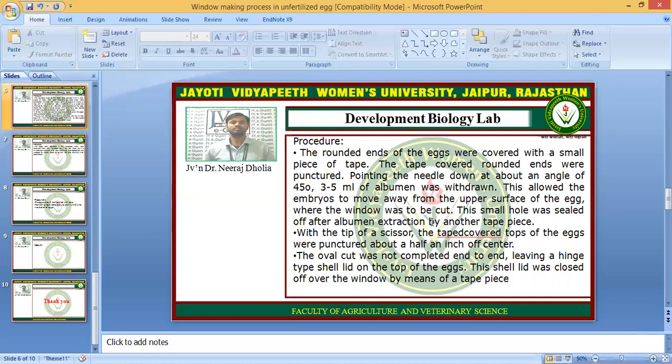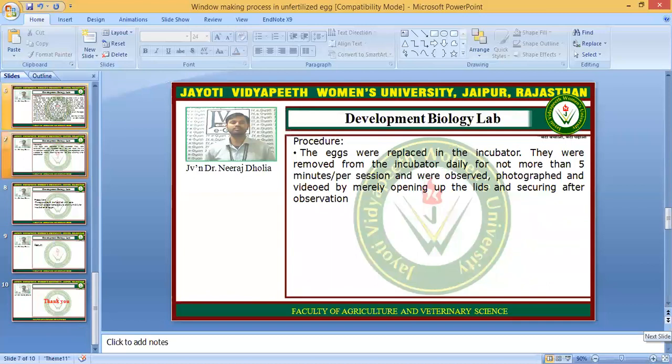This shell lid was closed over the window by means of a piece of tape. Now the eggs were replaced in the incubator. They were removed from the incubator daily for not more than 5 minutes per session, and they were observed, photographed, and videographed by merely opening the lids and securing them after the observation.